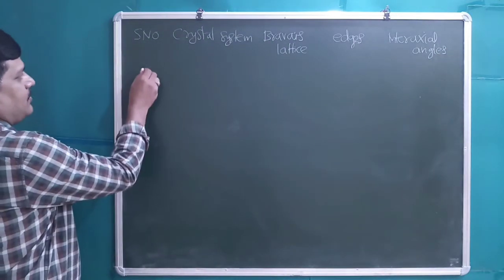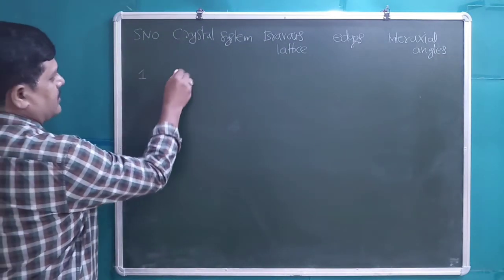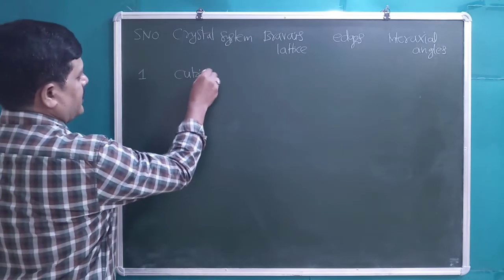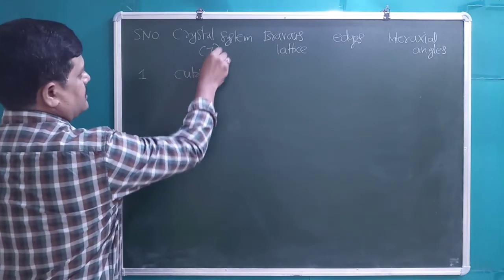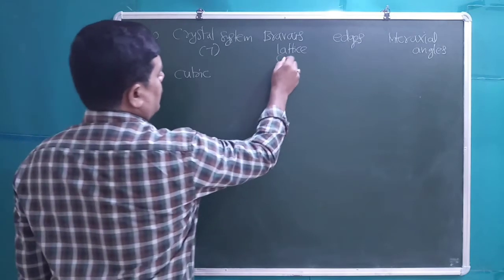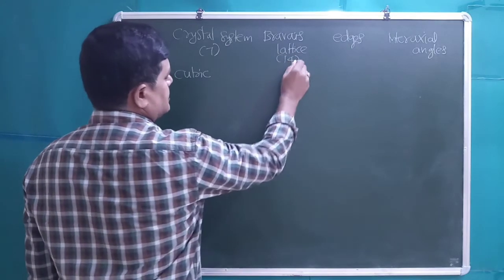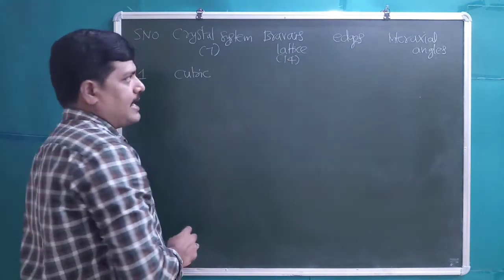First type of crystal system is cubic. 7 crystal systems are there, and 14 possible variations are called Bravais lattices.